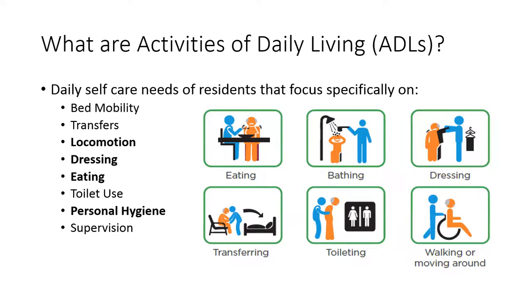In this recording, we are going to focus on the bolded areas of locomotion, dressing, eating, and personal hygiene. These other areas as well, bed mobility, transfers, toilet use, and type of supervision, are important in other areas and should be charted when you do them, such as toilet use.